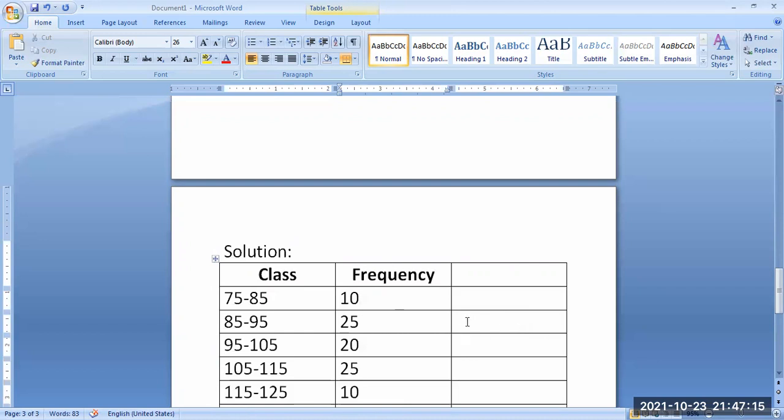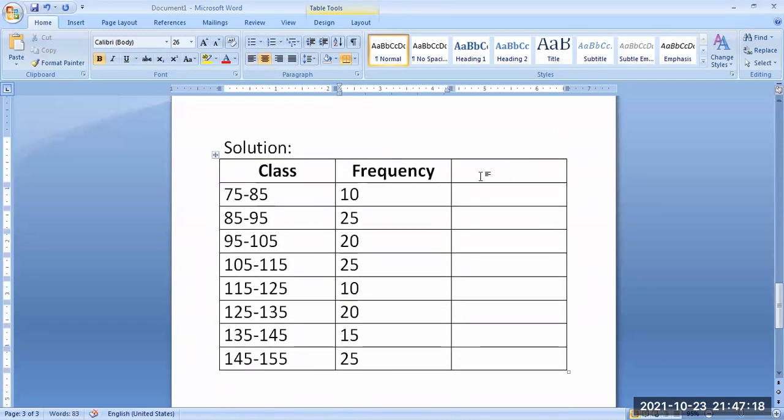Now let us cross check whether we have done it correctly or not. Cumulative frequency you can find from the bottom. 25 plus 15 is 40. 40 plus 20 is 60. 60 plus 10 is 70. 70 plus 25 is 95. 95 plus 20 is 115. 115 plus 25 is 140. 140 plus 10 is equal to 150.